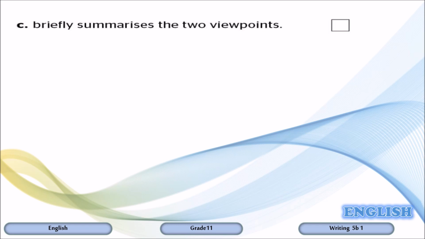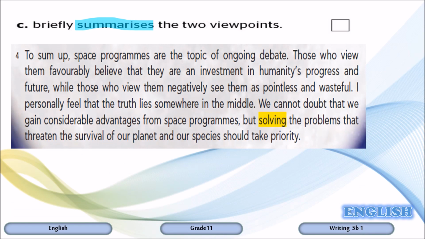Statement C. In which paragraph does the writer briefly summarize the two viewpoints? Very easy. Excellent, the last paragraph, paragraph 4. How does the writer summarize the two viewpoints, and what tells you that this is a summary?